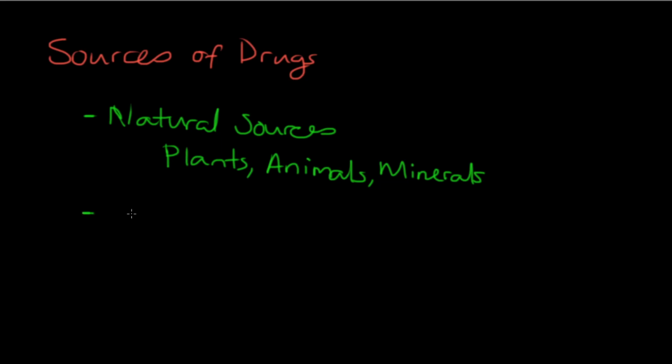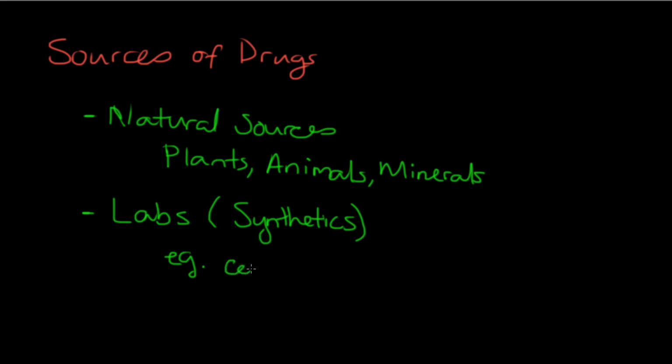Now, the majority of the drugs are produced in labs, so laboratories, and these are often called synthetics. So these are made in labs. An example of a synthetic drug would be first generation, second generation, third or fourth generation cephalosporins.